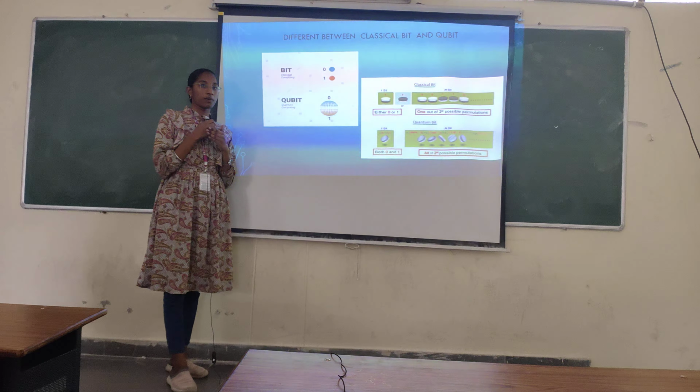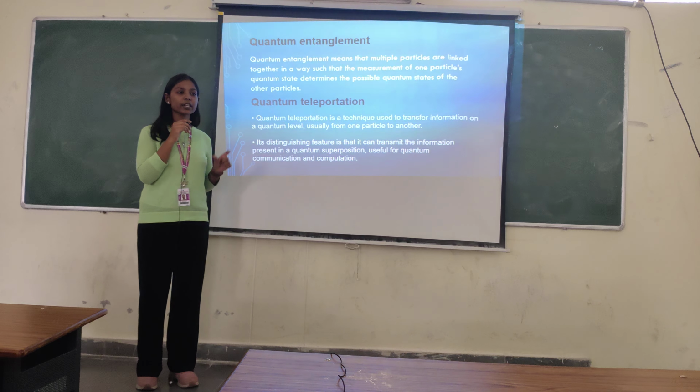So now we're going to discuss quantum superposition. Quantum superposition is the phenomenon where in the quantum world there exists a particle which consists of multiple states at the same time, until it is observed or measured.